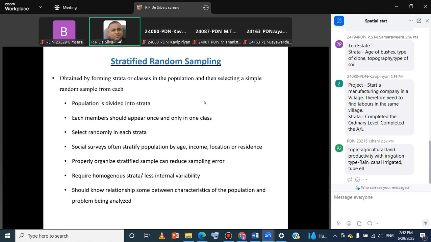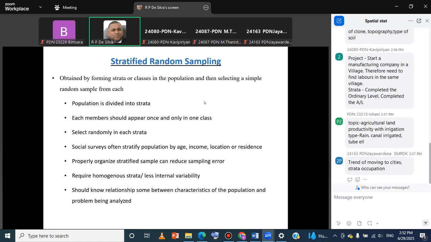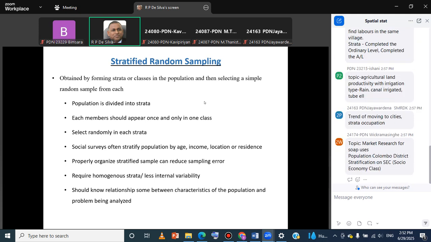Without knowing, I cannot comment whether high forest, low forest are proper stratifications. You understand? So I should know what you are going to sample, what you are going to measure. Without knowing that, I cannot say high and low is a correct stratification.